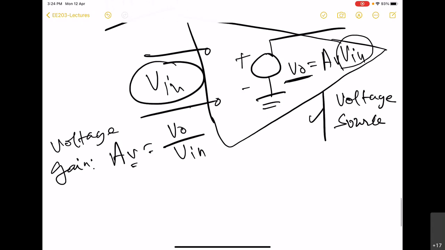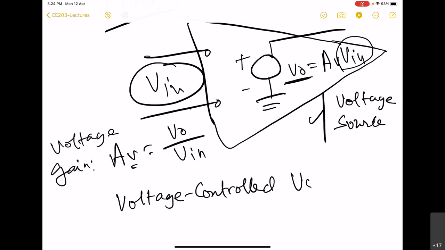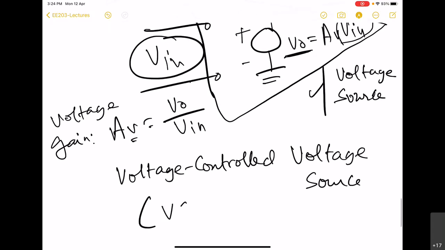So that is why this amplifier is also called a voltage controlled voltage source, or in short VCVS. So this was the first category that I pointed out in the acronym in the beginning.